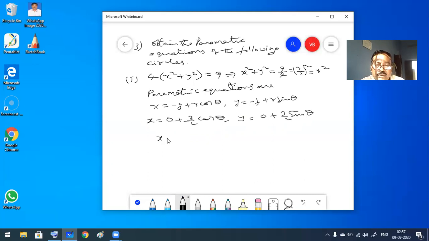Therefore x is equal to 3 by 2 cos theta and y is equal to 3 by 2 sin theta. Okay. So these are the parametric equations of the circle 4 into x square plus y square is equal to 9. Okay, we will do the next problem, right?